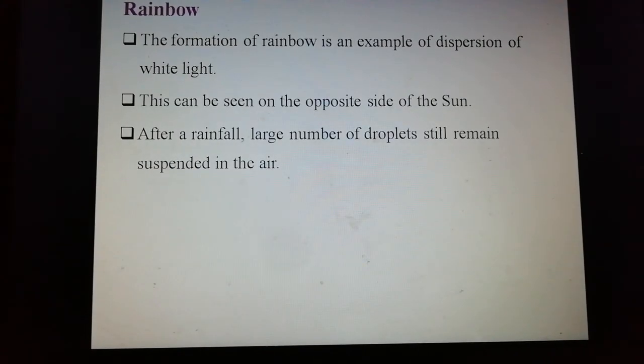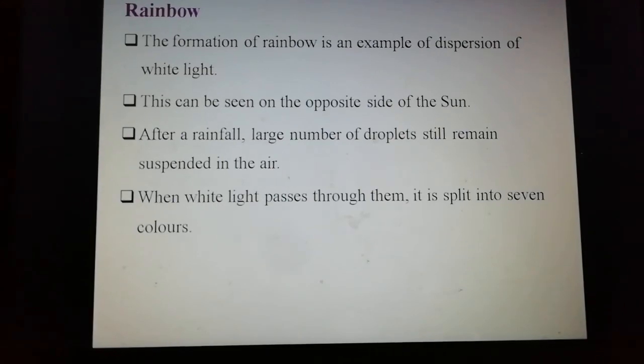After rainfall, a large number of droplets still remain suspended in the air. So a large number of droplets are present in the atmospheric air after rainfall.